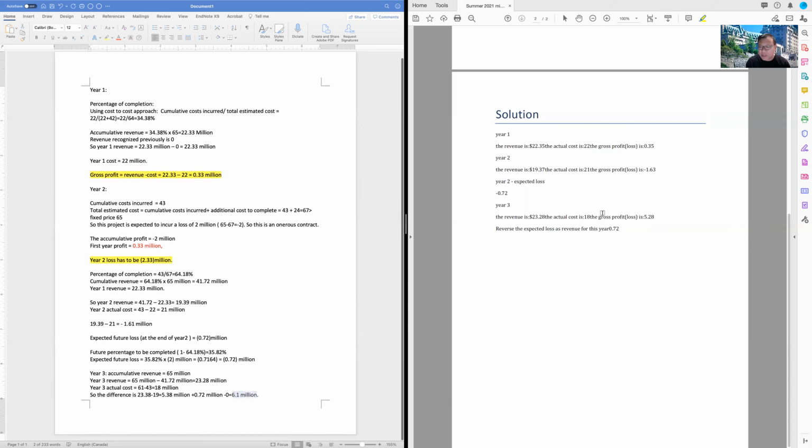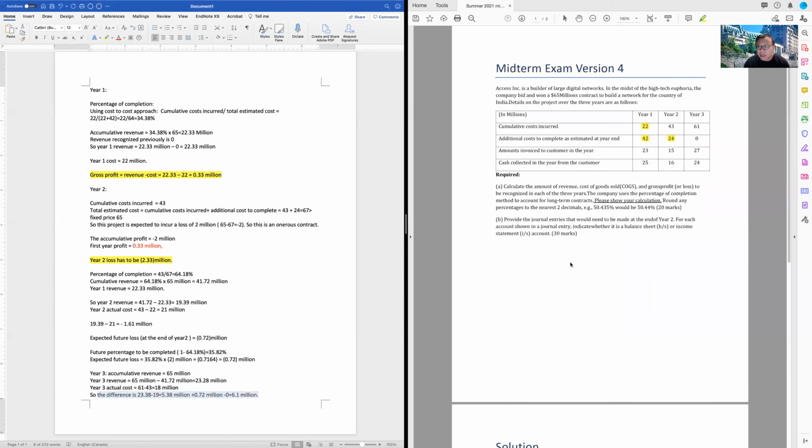When I add this together, this number ideally should be 6, because in the end of the day, the total revenue is 65, total cost is 61, so the difference should be 4 million.